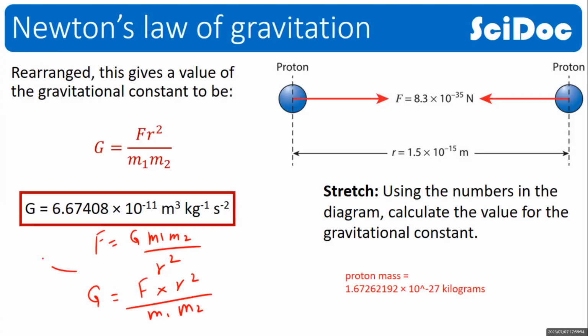If we know the force, if we know the radius, that is basically the distance between two objects, and if we know the masses of two objects, we can also calculate the value of G, that is 6.7 into 10 raised to the power minus 11 meter cubed per kilogram per second squared.